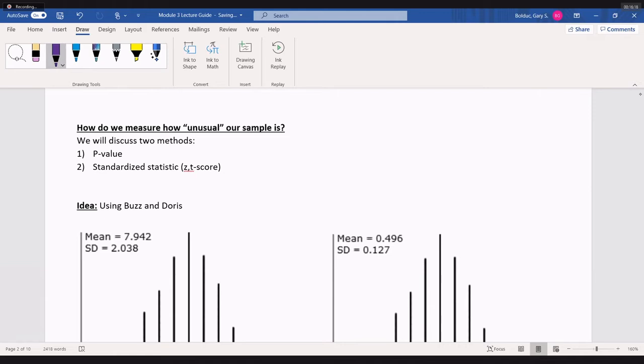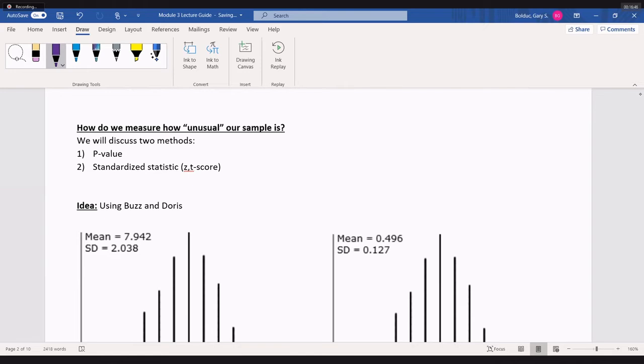Well, if I have a chance model, what you've done so far is you've taken a sample, or was given in a problem, you've gotten the statistic, Buzz and Doris 15 out of 16, we're about to use that one just as an example to remind you. You took that number and compared it to the chance model. If that number does not fit the model, you were saying it was unusual and then making a conclusion. Okay, that's what we were doing last week.